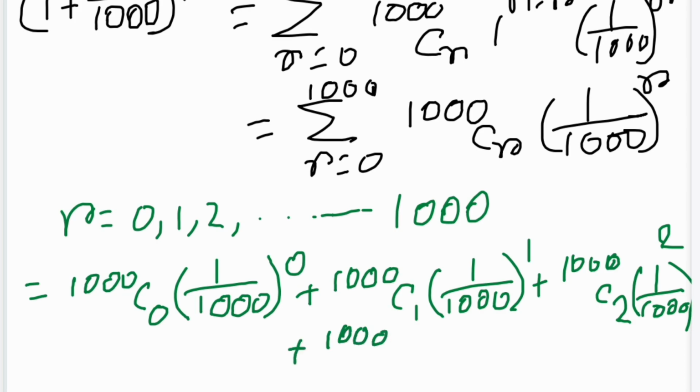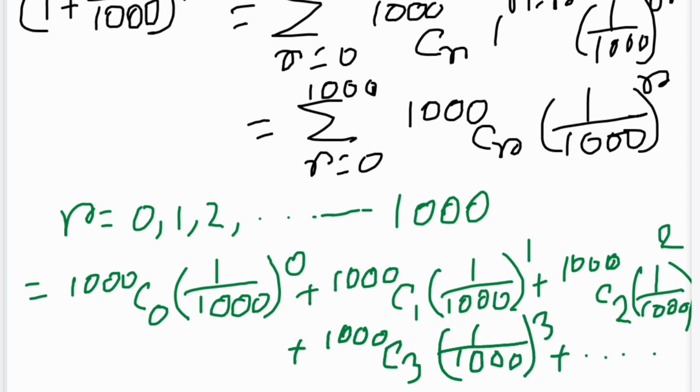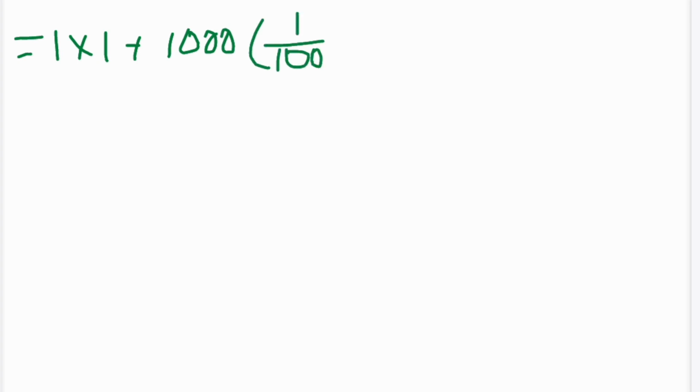Plus 1000C3 into (1 over 1000) whole raised to the power 3 plus so on, right? So next line is 1000C0, that is simply 1, and (1 over 1000) whole raised to the power 0, that is also 1. So 1 into 1 plus 1000C1, that is 1000 into 1 over 1000, right?